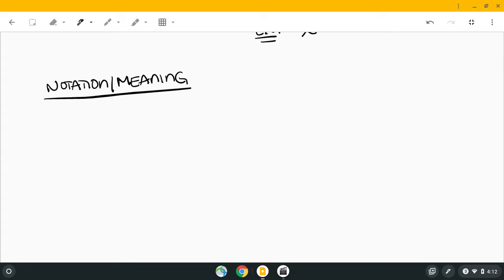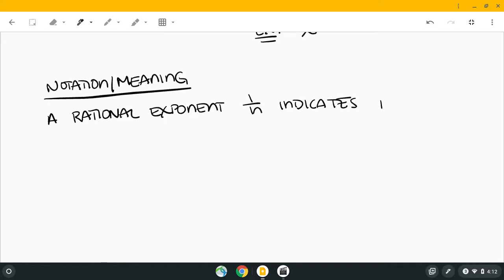Okay, so a rational exponent 1 over n indicates the nth root.